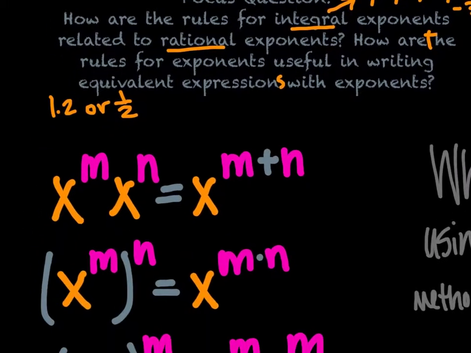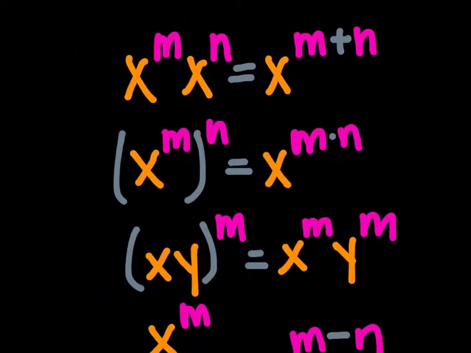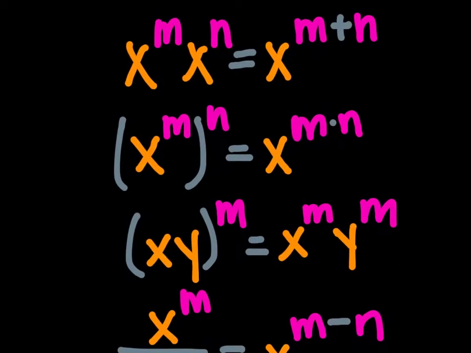So let's look at some of our rules that we know so far. The very first one, we have the same base and different exponents, and this is the power product property. Essentially, if we have the same base but a different exponent, we can add our exponents.